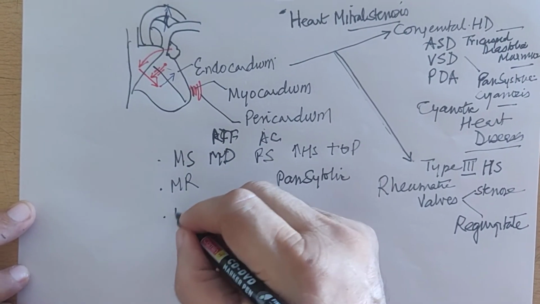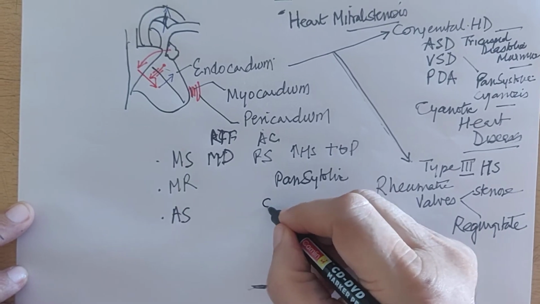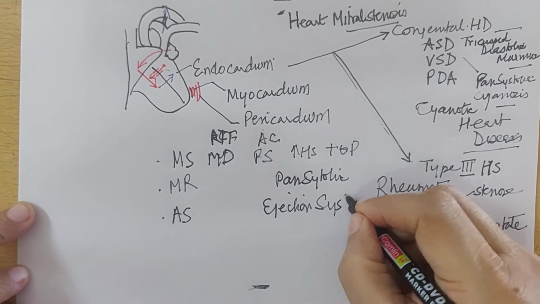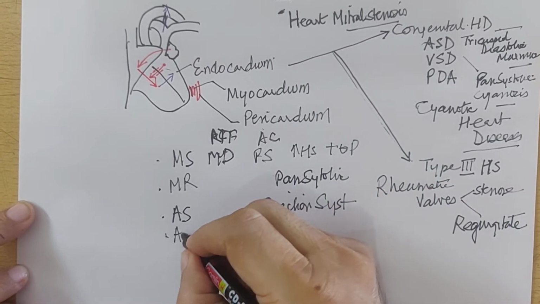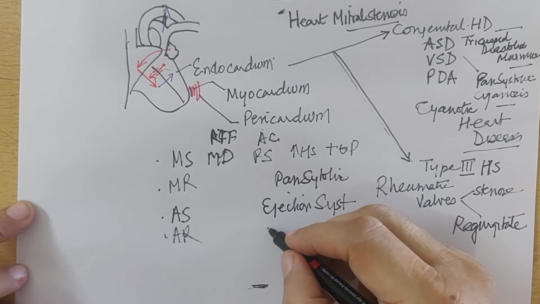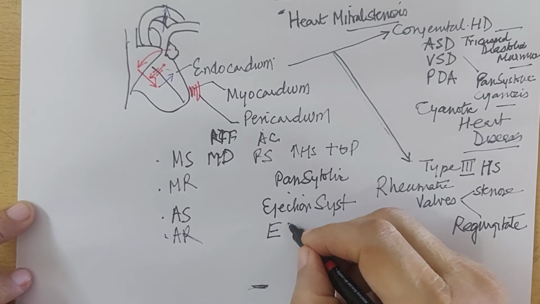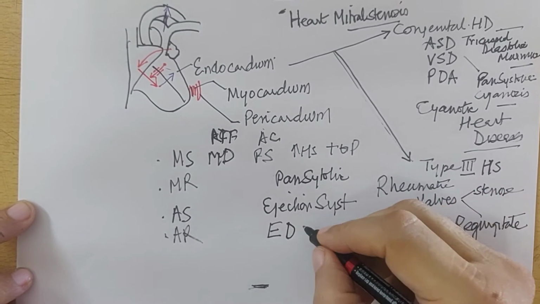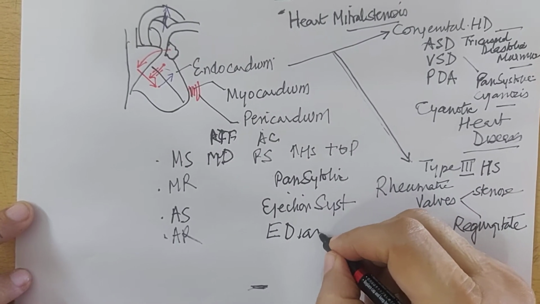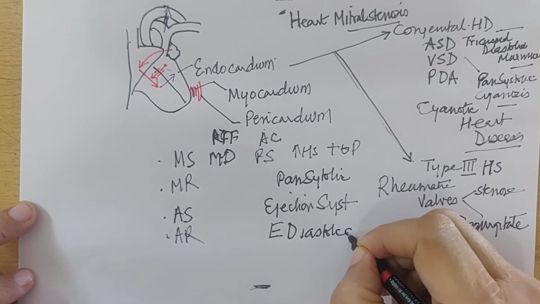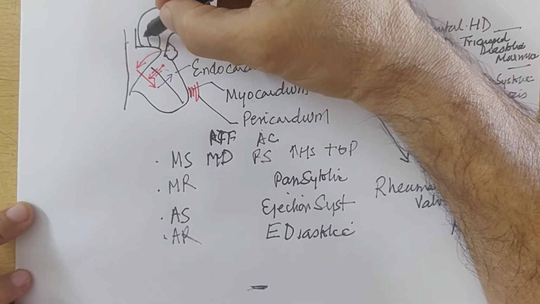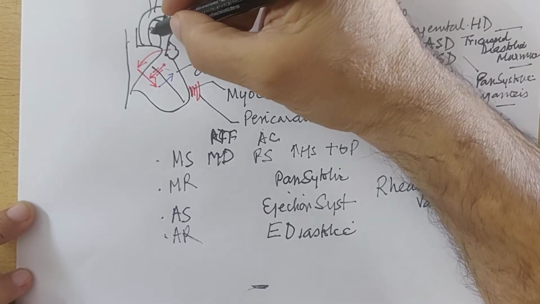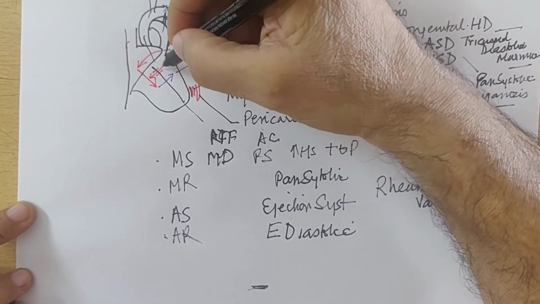In aortic stenosis, there is an ejection systolic murmur, and in aortic regurgitation, there is an early diastolic murmur. Lub-dub, like this, early diastolic murmur. In aortic stenosis, the murmur would radiate into the neck through the aorta, and aortic regurgitation will go towards the apex.